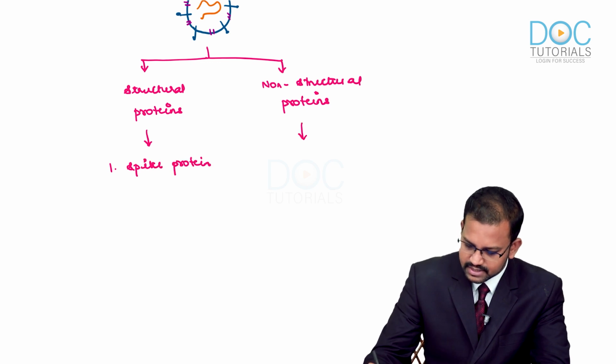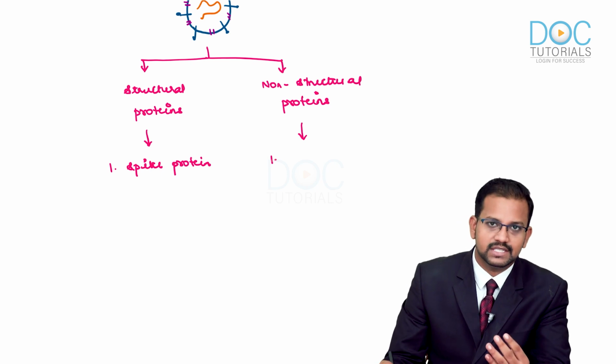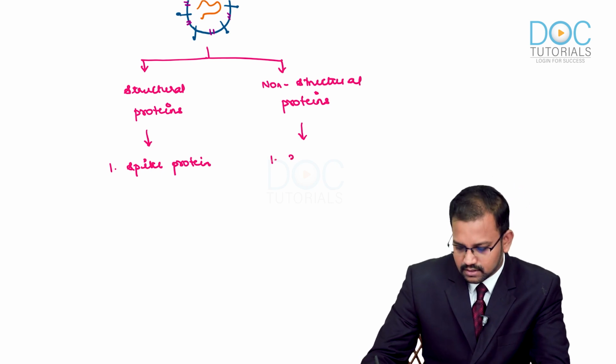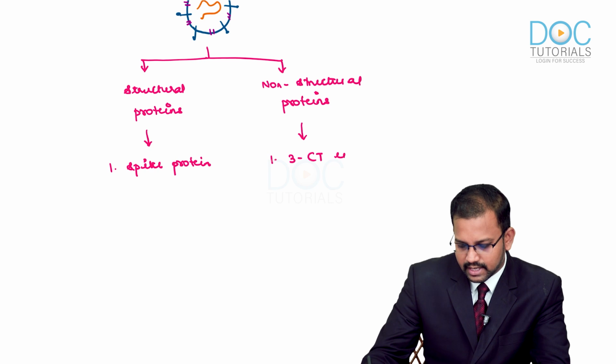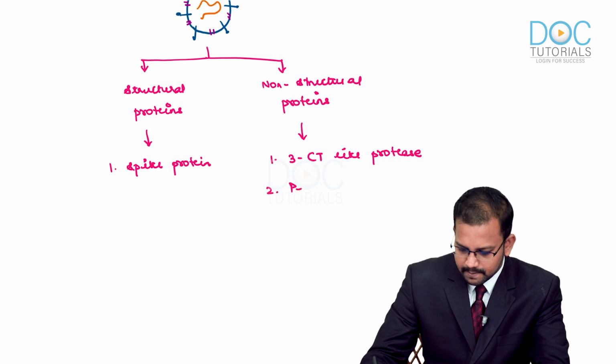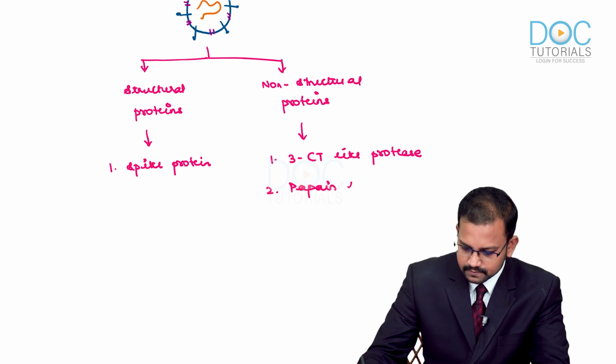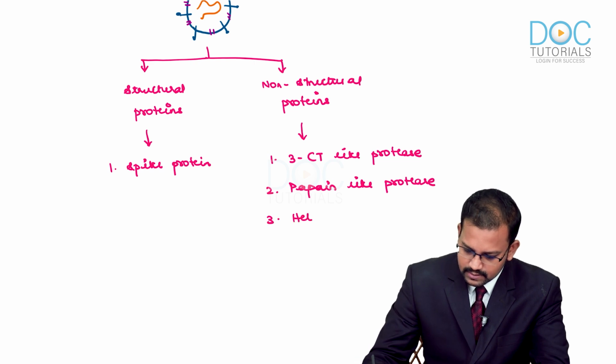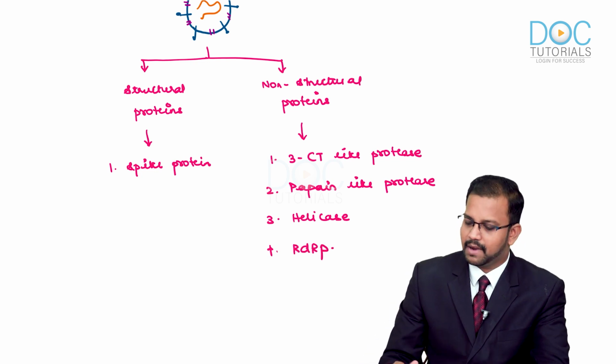And among the non-structural proteins, we have four major targets. The first one is 3-chymotrypsin-like protease, papain-like protease, helicase, and the most important enzyme, that is RNA-dependent RNA polymerase enzyme, RDRP.